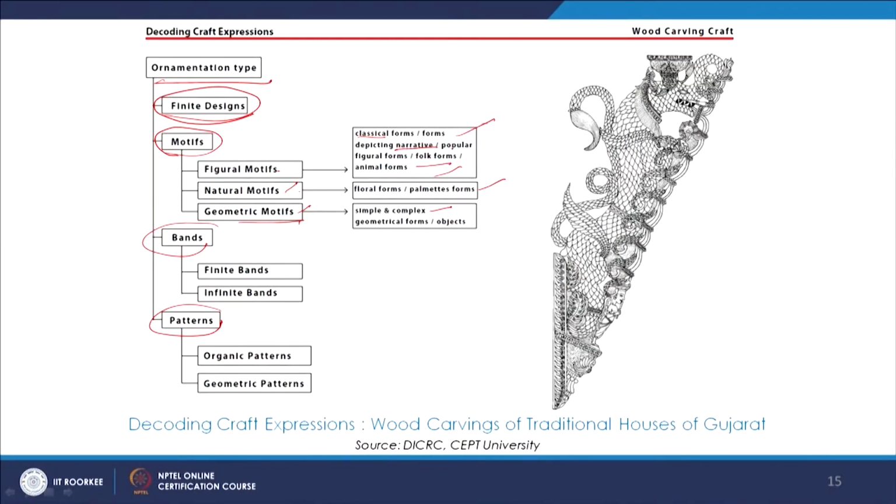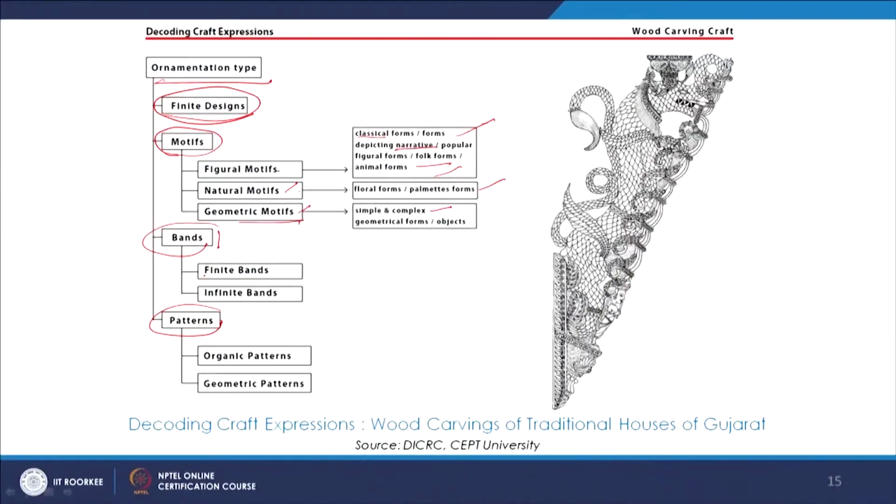This itself is again a system of classification, a system of organization, a system of collection, a system of studying that gives the overall structure to the research that is being done or the making which is being carried out. If we talk about bands, there are finite bands and infinite bands, and we see different kinds of patterns when we talk about craft and interior architecture.